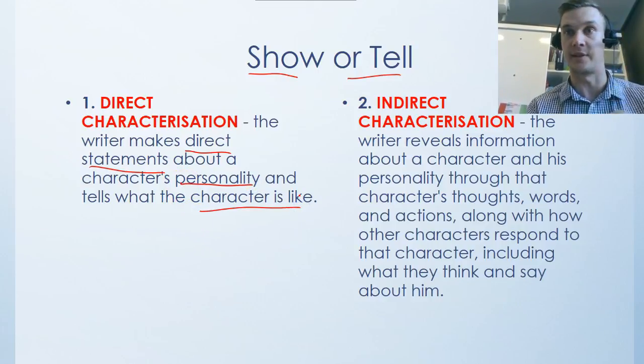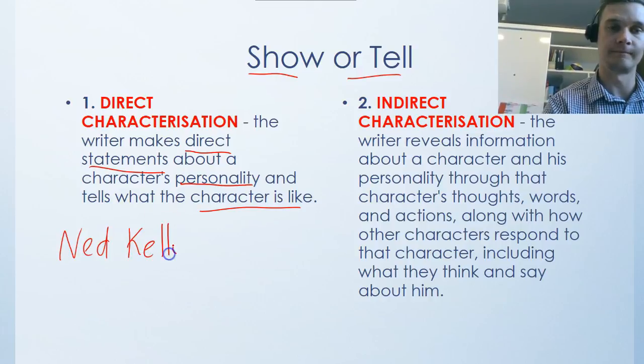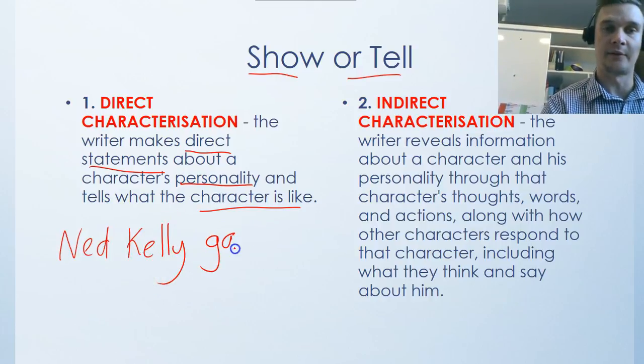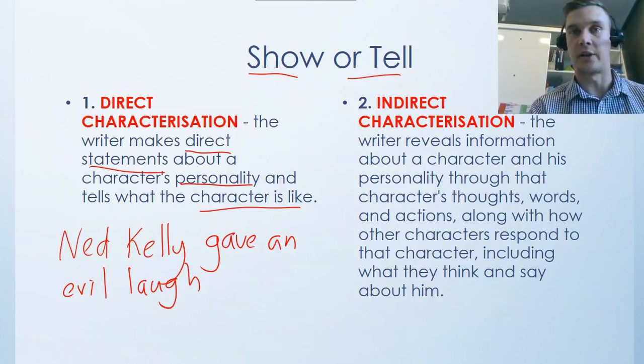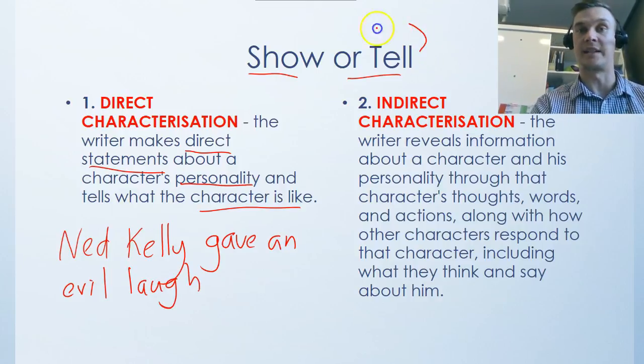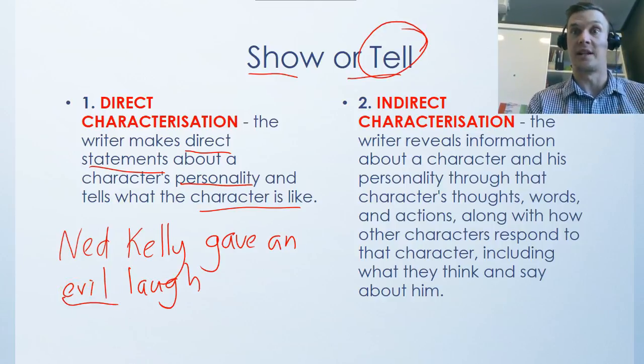It's pretty specific. This is literal meaning. They might say, Ned Kelly gave an evil laugh. That's direct characterization, they're basically telling us that Ned Kelly gave an evil laugh, giving us the impression that he's evil.